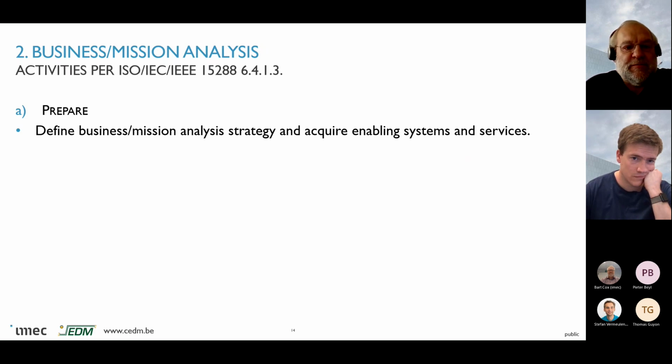So in this case, the business mission analysis strategy, and also the acquisition of the enabling systems and services that we need to execute the technical process that we have at hand. So it's obvious that this needs to be done before you can start the actual execution of the business analysis in this case.